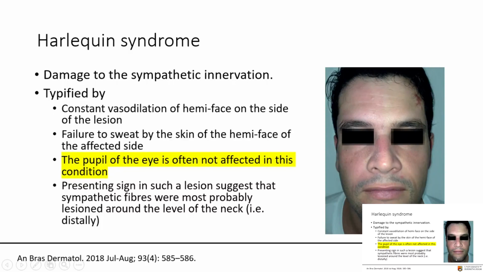So these lesions, potentially in the neck, are located at the level of T1 vertebral levels and will present as either Harlequin syndrome or Horner syndrome.